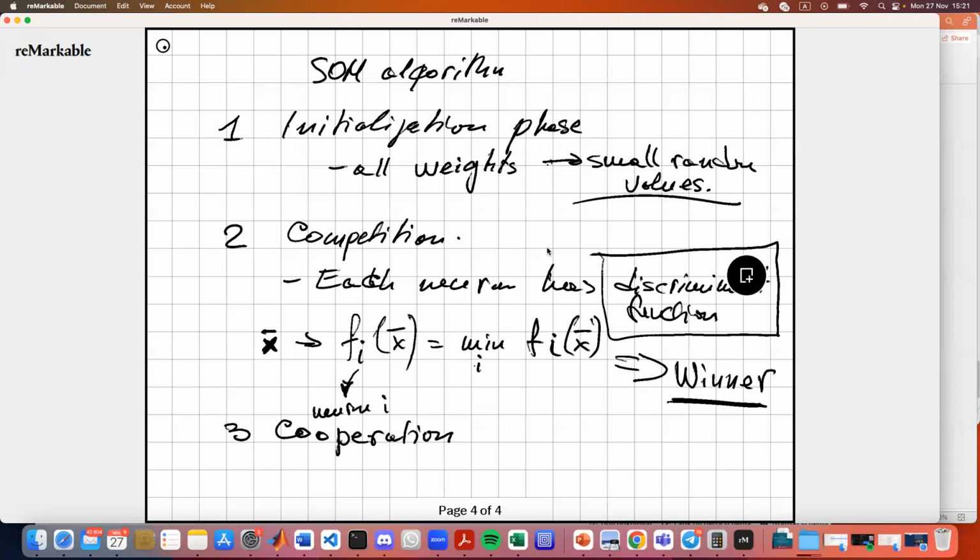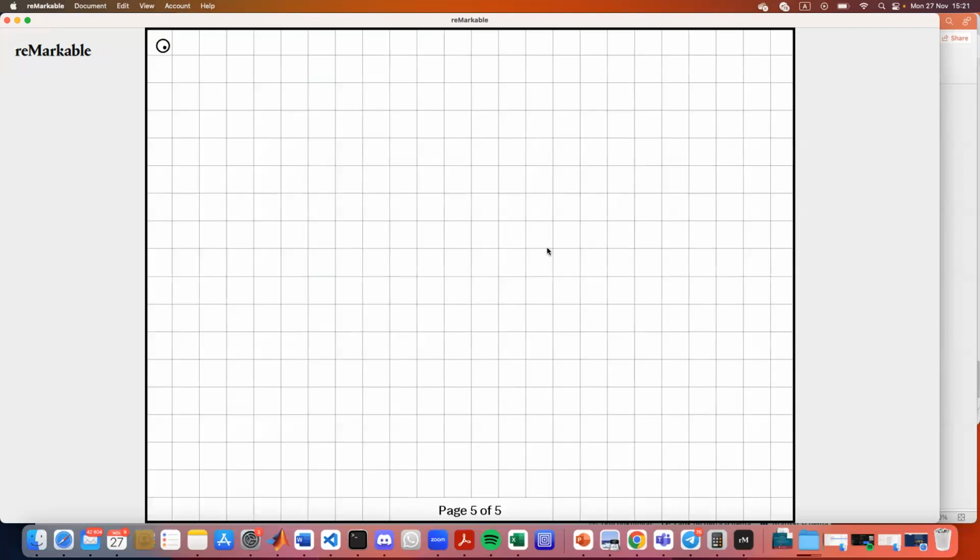In the cooperation phase, several things happen. Actually, the whole learning happens in the cooperation phase.